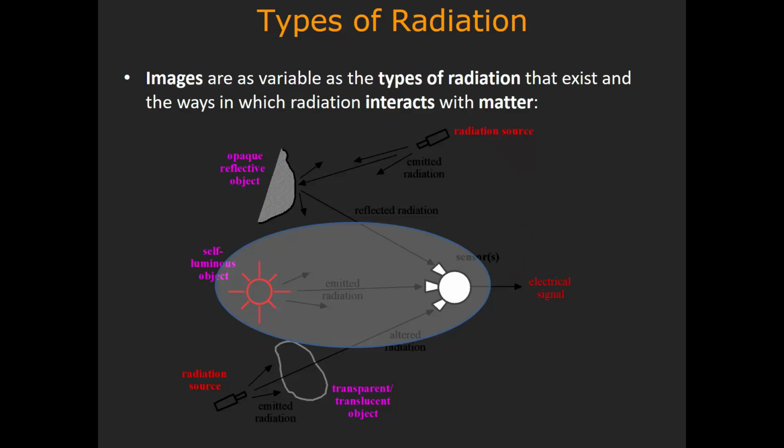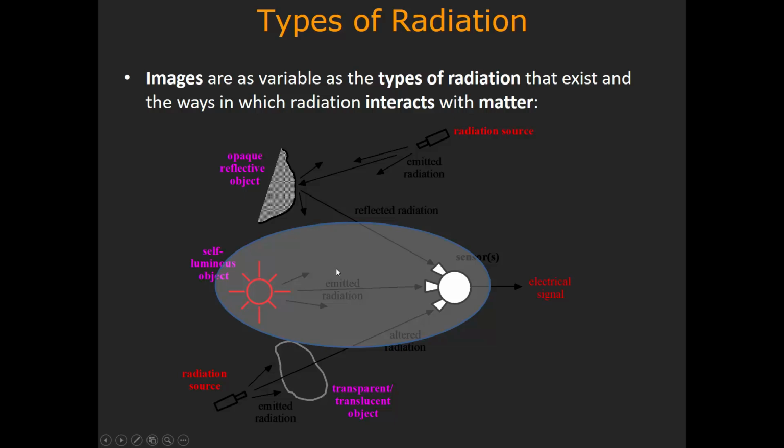Now the second one is emissive type of imaging. In emissive type of imaging, the radiation is emitted by the object itself. So the object itself radiates the energy, and that is recorded by the sensor, and this sensor converts this light energy into an electrical signal.